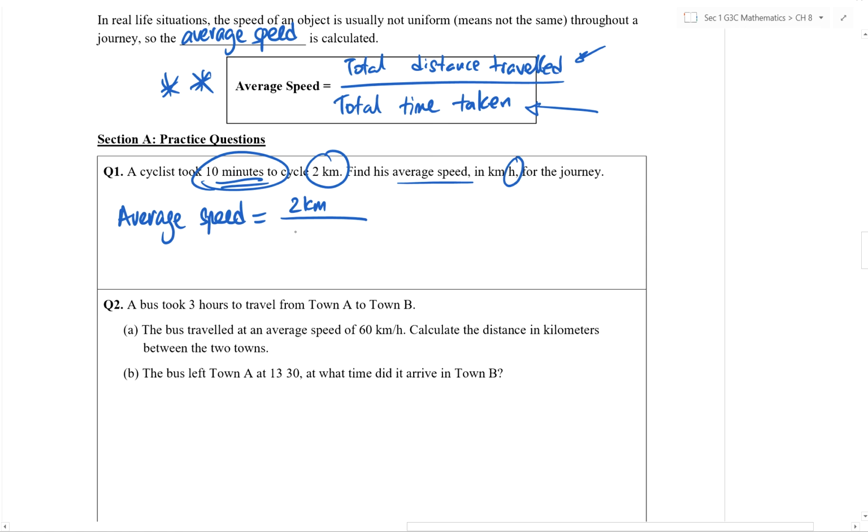So we will want to change the 10 minutes to hours, which is just 10 over 60. From here, our answer will be 12 kilometers per hour. Okay, we don't see any big difference from the usual speed that we were calculating in the past. So what's so special about average speed? We will be able to see that in question 2.